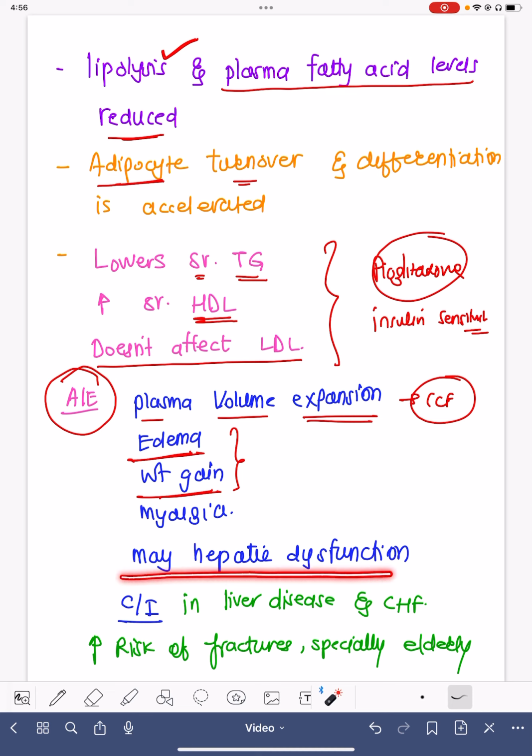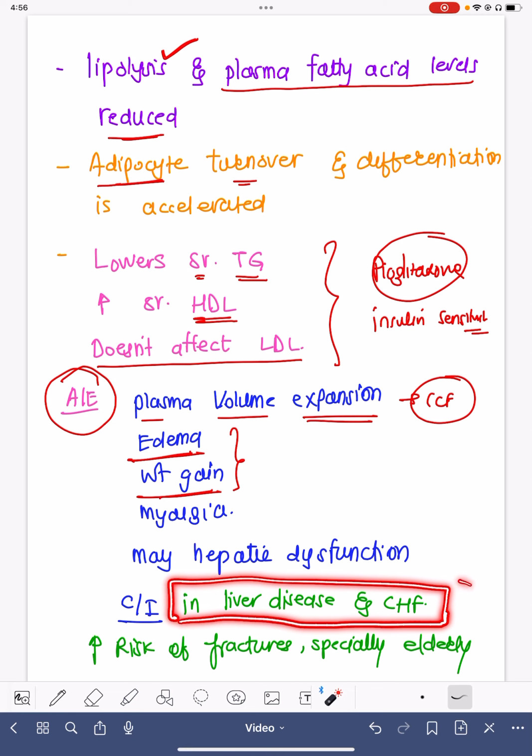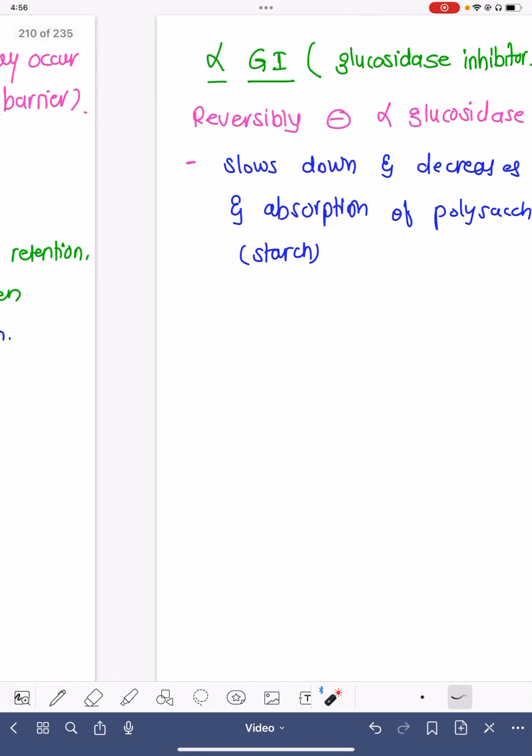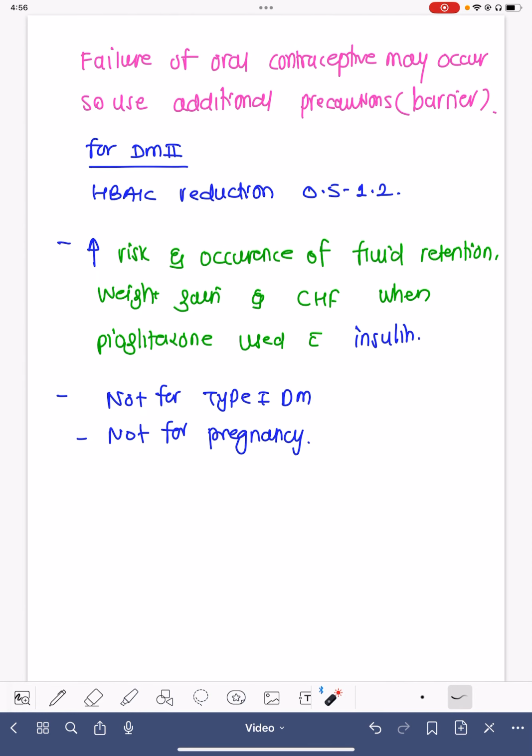Very rarely, it can also cause hepatic dysfunction. That is the reason why it is contraindicated in liver disease as well as in congestive heart failure, because it may markedly increase the risk of congestive heart failure. One more thing that we must remember is it increases the risk of fracture, especially in the elderly. That is the reason why it should be used very cautiously in patients more than 60 to 65 years of age.